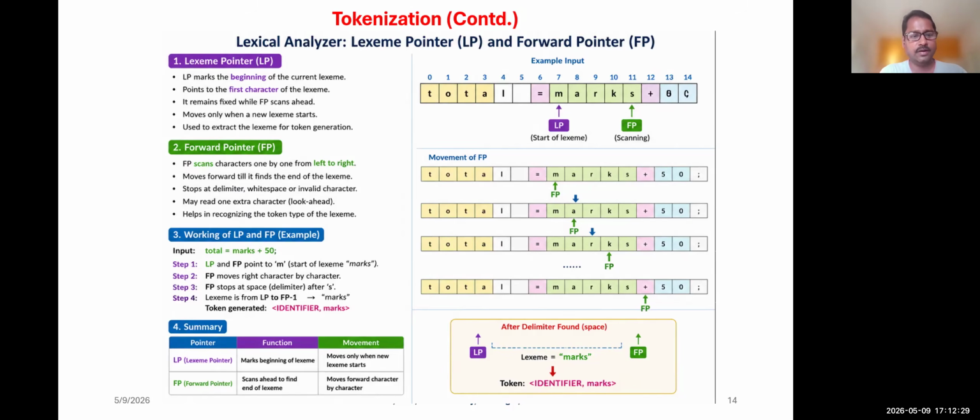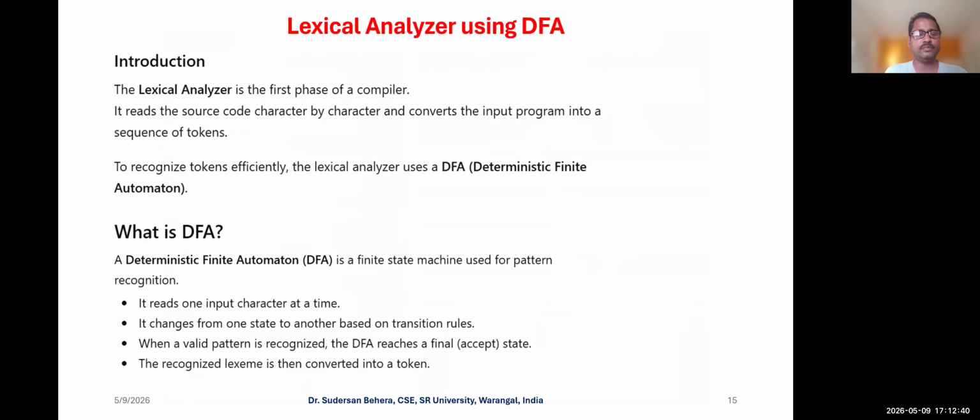Now the current topic is we need to know what is deterministic finite automata. Very good. So once again, two lines are present here. The lexical analyzer is the first phase of a compiler. It reads the source code character by character.